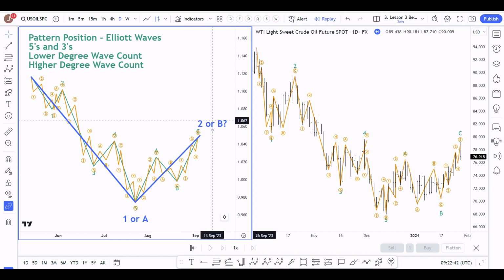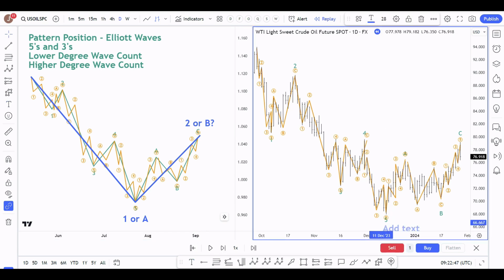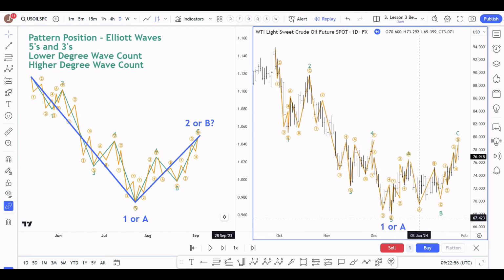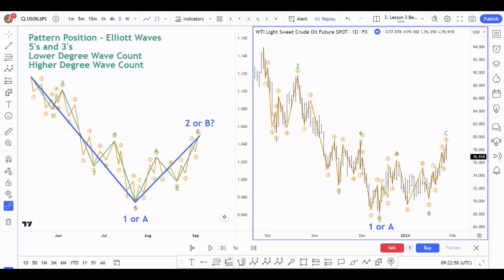What the question mark represents is that the confirmation has not come in yet. So we still need this confirmed to be more confident that it is what we believe it is. But what this allows us to do is to make a trading decision. Should we be looking to buy the market, sell the market, stand aside?